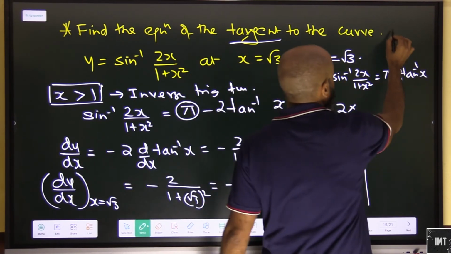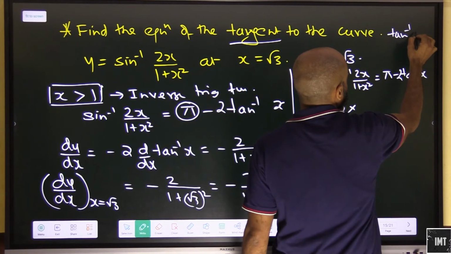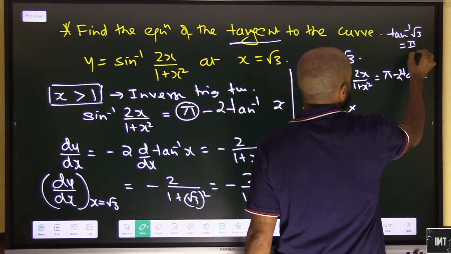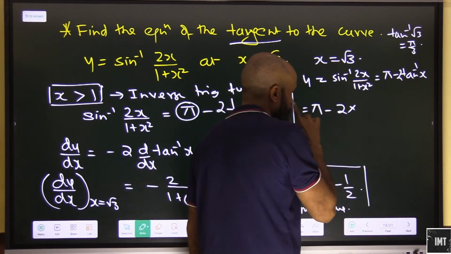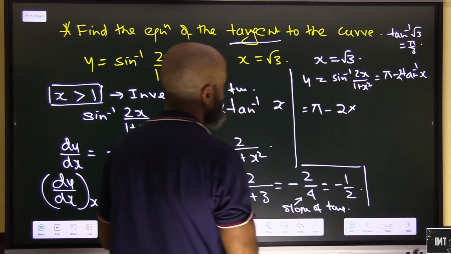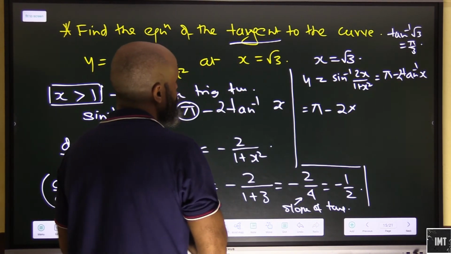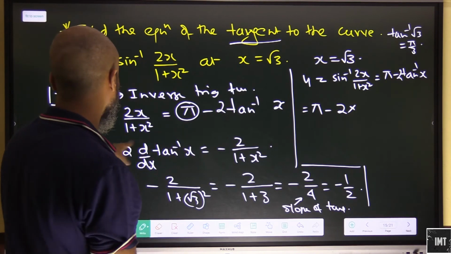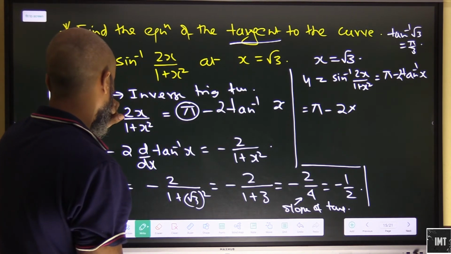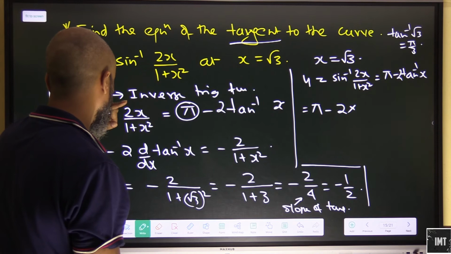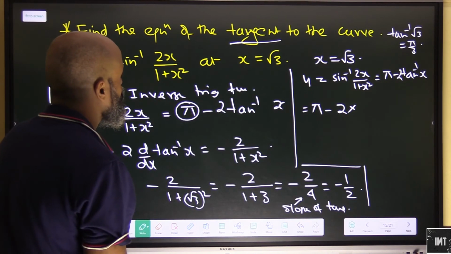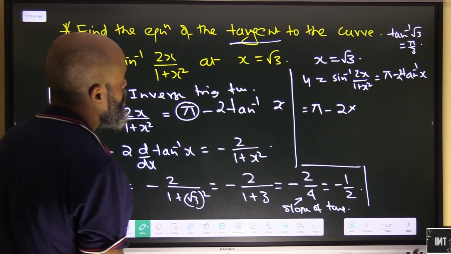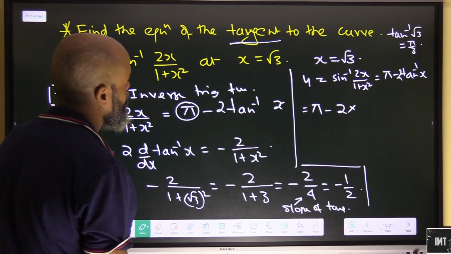Tan inverse of under root 3 is going to give us pi by 3.